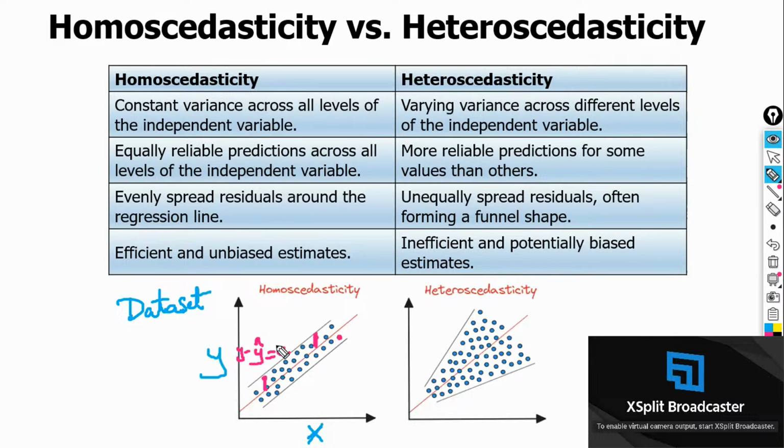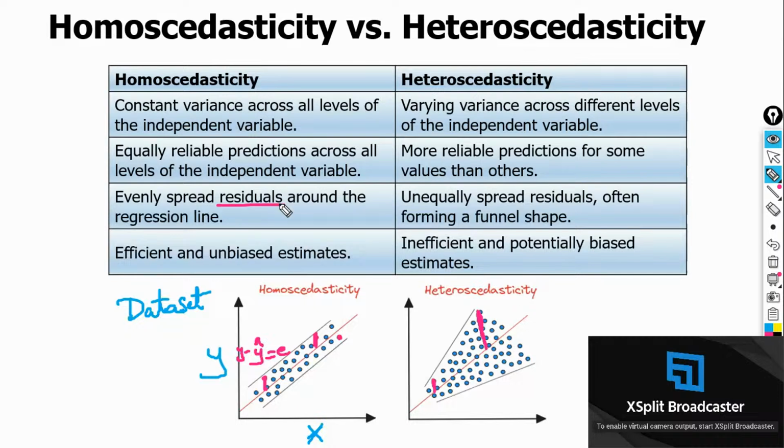No. Approximately it will be the same. But in the second case, see how big the error will be. So this is called heteroscedasticity. There is no constant variance. The spread between the errors is not constant in case of heteroscedasticity.